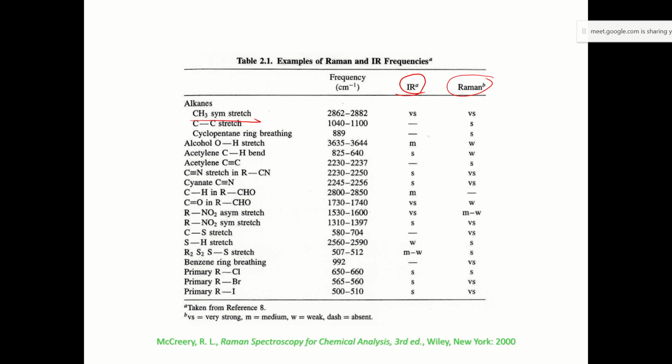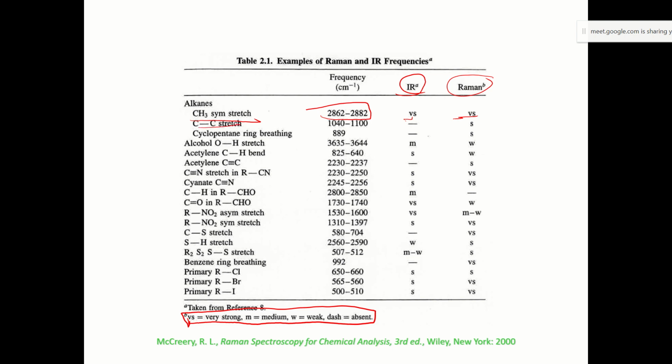CH3 symmetric stretch around this frequency, very strong in IR, very strong CH3 symmetric. VS means very strong, M means medium, S means strong. So ये देखिए, this is the very strong, medium, weak, dash means absent. This is the mnemonics that we have followed.